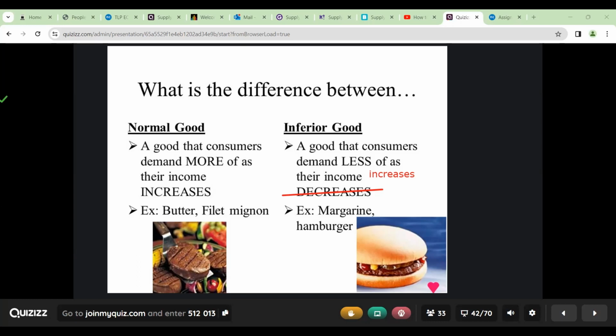However, when you make more income, it's probably a good idea to still use a lot of inferior goods just for savings. Because the problem is when you make more income, your cost of living goes up if you're just going to buy normal goods. So you have to maintain that level of income to cover the spending.